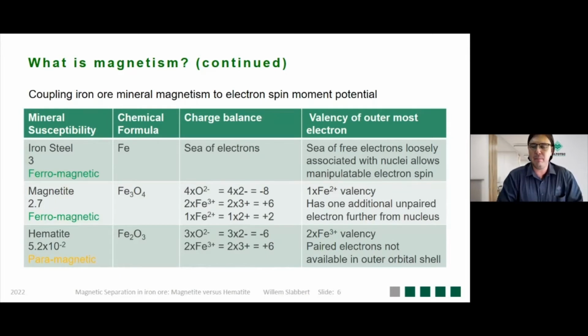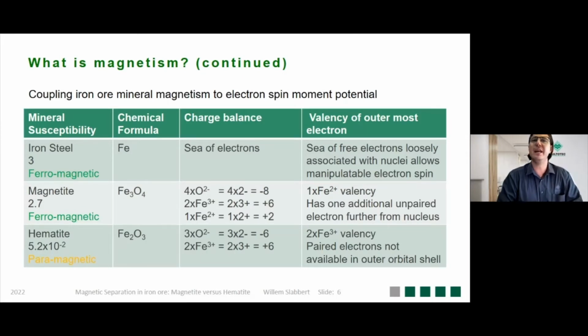So how do we couple the different iron ore minerals with this phenomenon of aligned electron spin in an atom's outermost orbital valency? If we first consider iron steel, the charge balance in iron steel is a sea of electrons that are loosely associated with the nuclei.